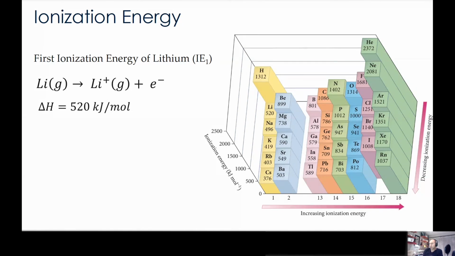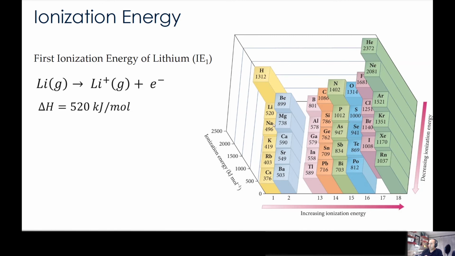Now, there are trends that show up in the periodic table. And it's really important to realize that the periodic table lets us see the trend, but it's not the cause of the trend. We're going to ignore hydrogen again because, well, it fits. The general trend is that as we go down a row, the first ionization energy decreases.